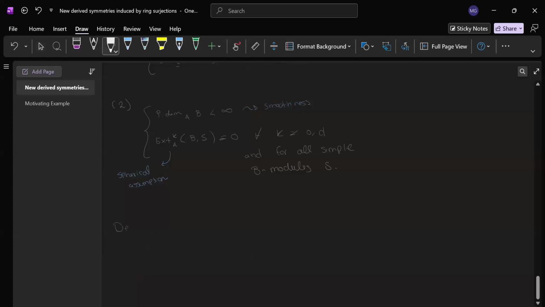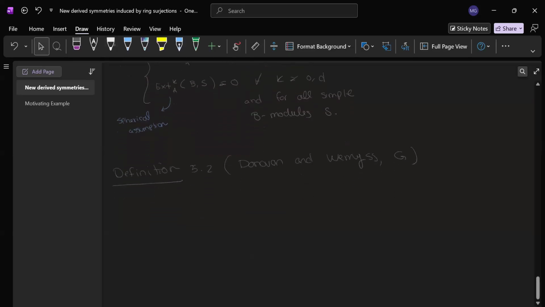And we're going to say that if the assumptions in 5.2 are satisfied, then we say that B and X are t relatively spherical.